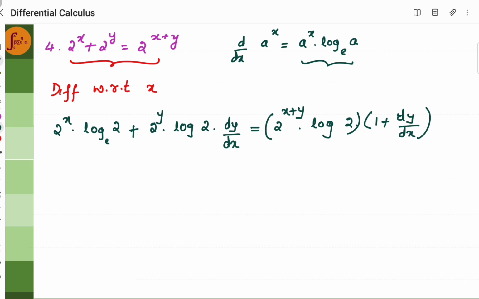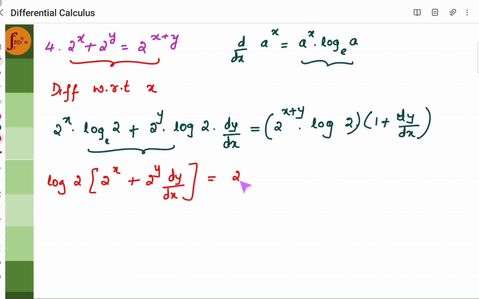So what we'll do is, let's multiply this. So let's take log 2 as common here. Log 2 into 2 to the power x plus 2 to the power y dy by dx, which is equal to 2 to the power x plus y into log 2 plus 2 to the power x plus y into log 2 into dy by dx.